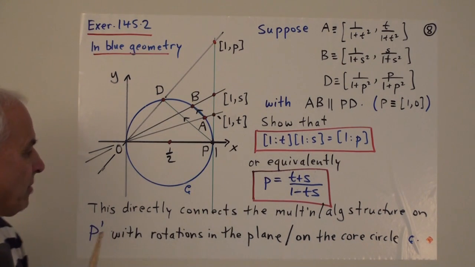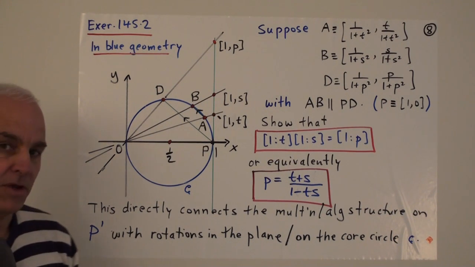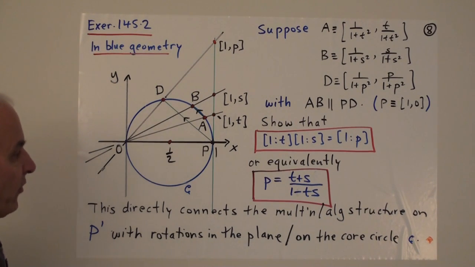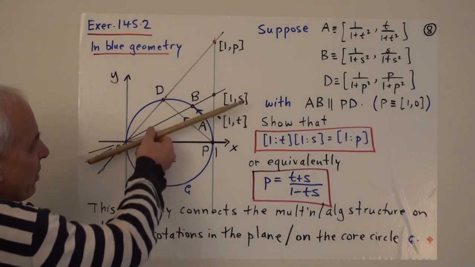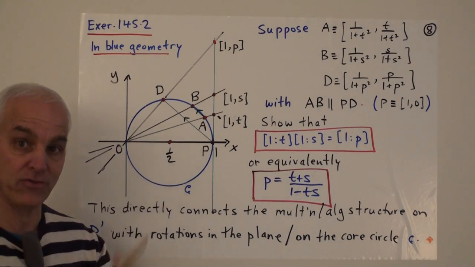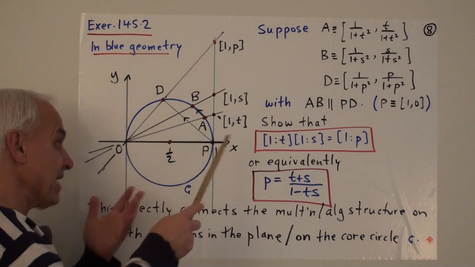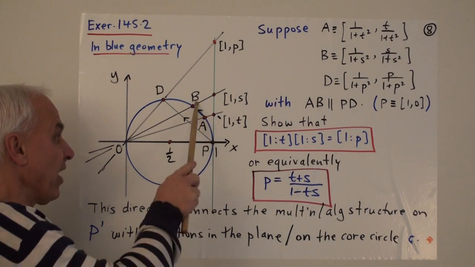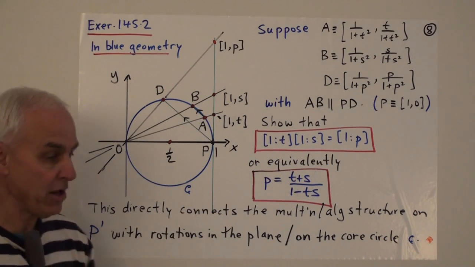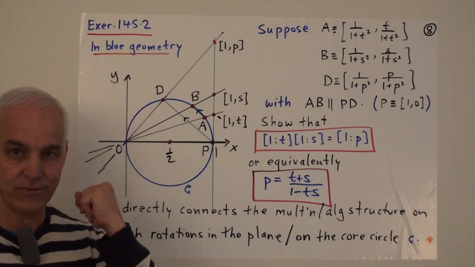This is the kind of thing that we've seen before, but it directly connects the multiplication or algebraic structure on our projective line with rotations in the plane or on the core circle C. And this algebraic structure, where we say this times this equals this, really corresponds to addition of angles in the transcendental classical setting, but there's no real need for angles here. So in a classical setting, you would say that this angle plus this angle equals this angle. But we're able to express this fundamental relation purely algebraically without having to need these transcendental notions of angles.